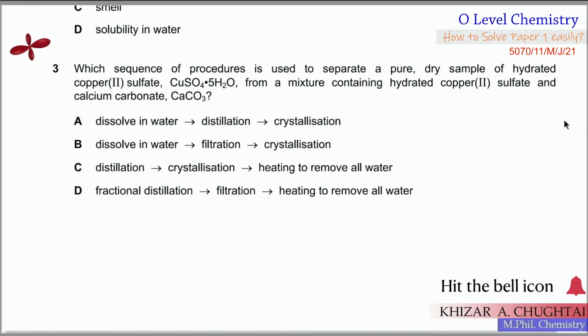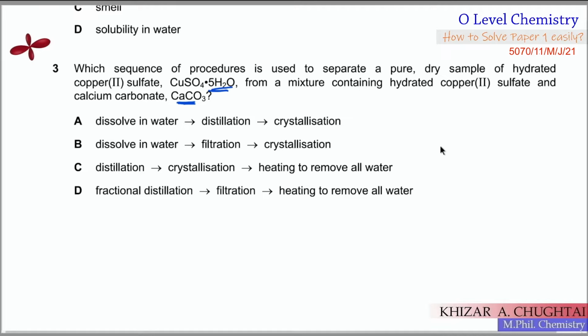which sequence of procedures is used to separate a pure dry sample of hydrated copper(II) sulfate, CuSO4.5H2O? It means that it has water of crystallization, from a mixture containing hydrated copper sulfate and calcium carbonate, which is insoluble in water.